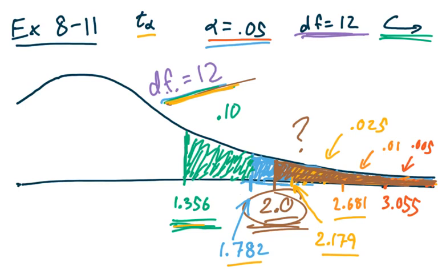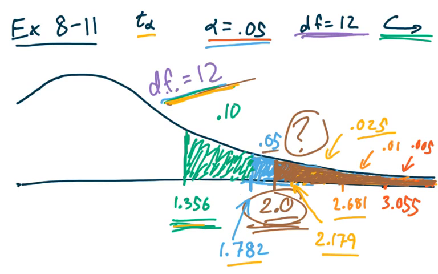Well, this area to the right side here is 5%, and this one, you can still see it here, the area to the right side of this one is 2.5%. Then I couldn't tell you exactly how much area this brown shaded in region is, but I know that it's somewhere in between.